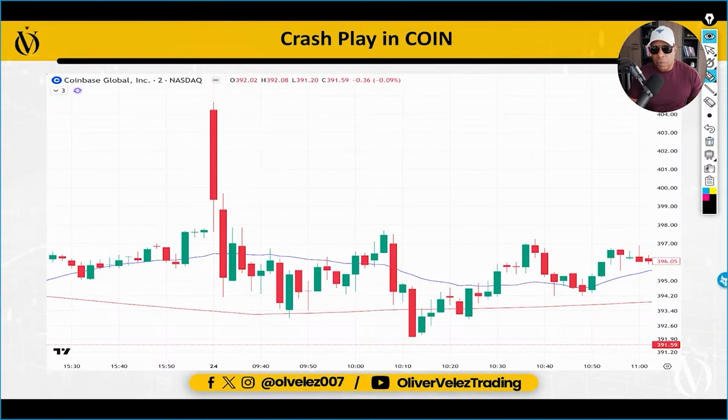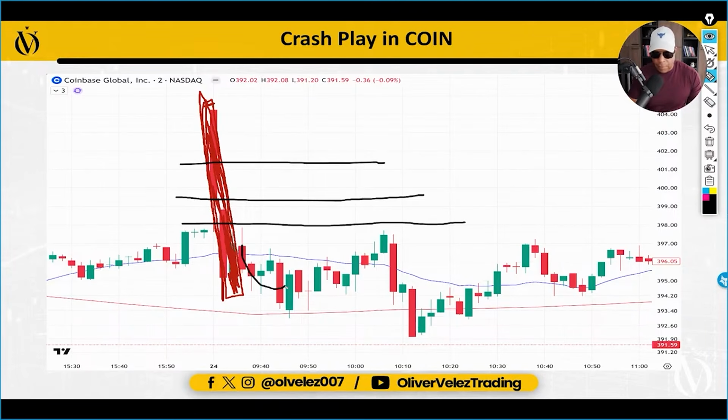Even on a macro level, remember I told you, take your full moves down and also do your division. So here's the full move down. I'm drawing sloppy here, but you get the point. And it couldn't even break any decent amount to the upside after a collapse like that. You have to remember, guys, there are people who bought here not knowing how to trade and play.